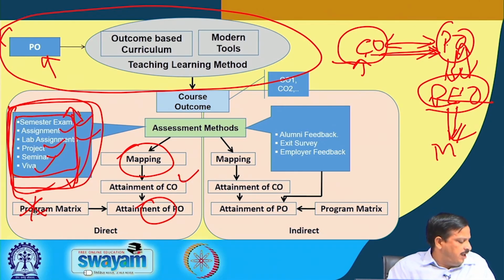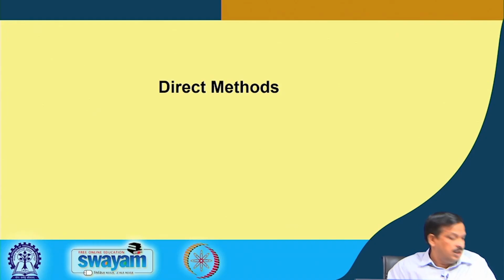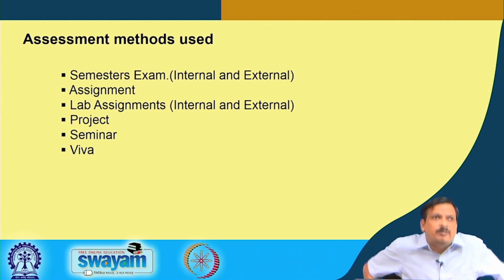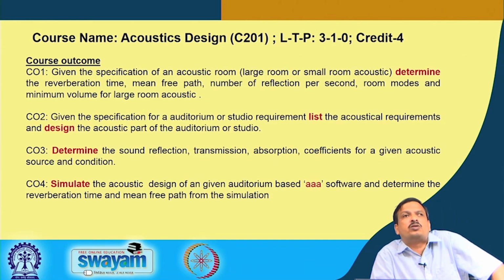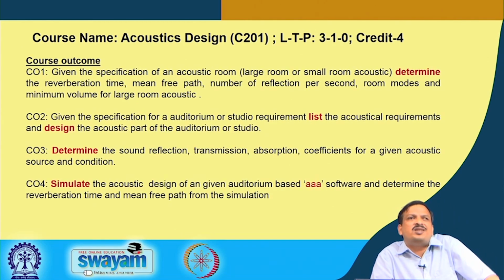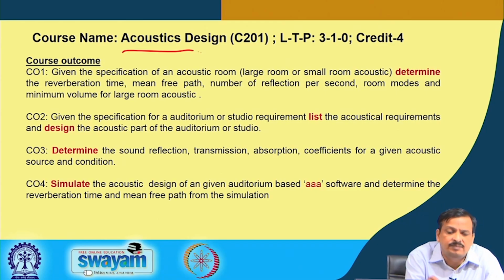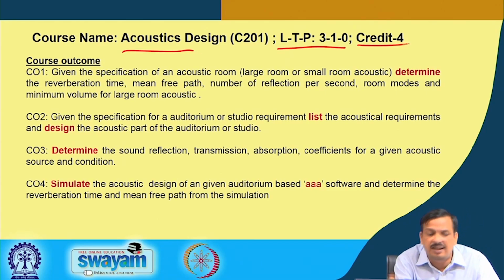So, how do you design the evaluation matrix? The assessment method used is the direct method, as I have already said. I have a course. Course name is acoustic design, LTP is given, credit is given, and those are the course outcomes.